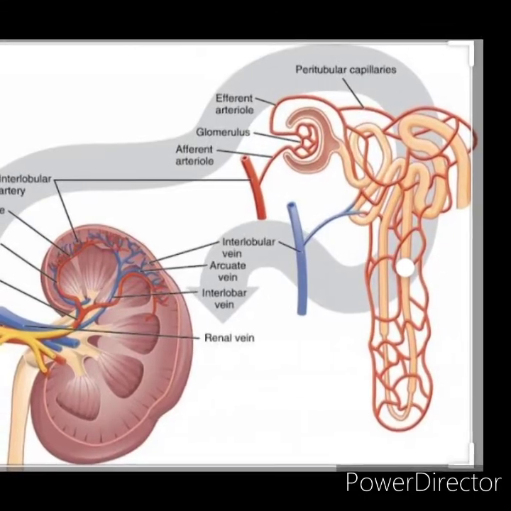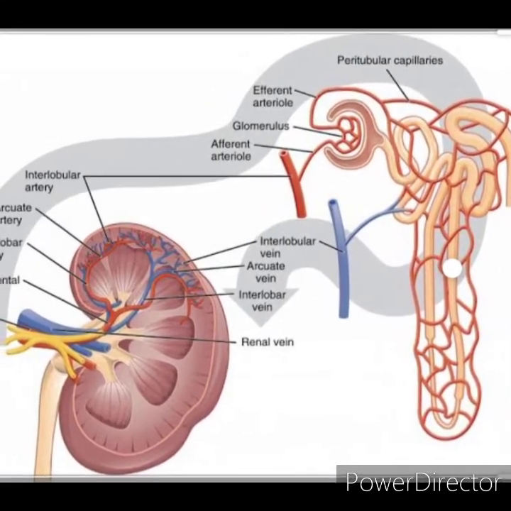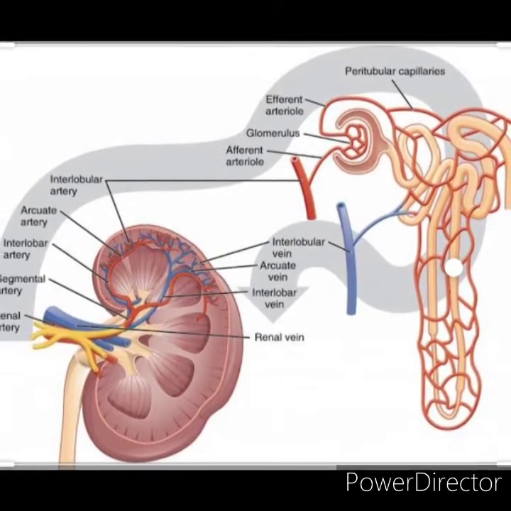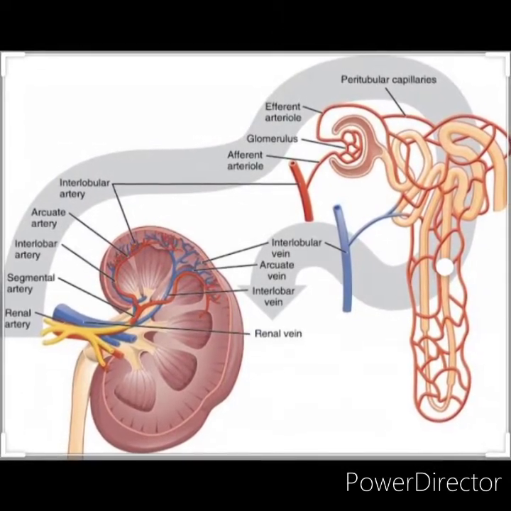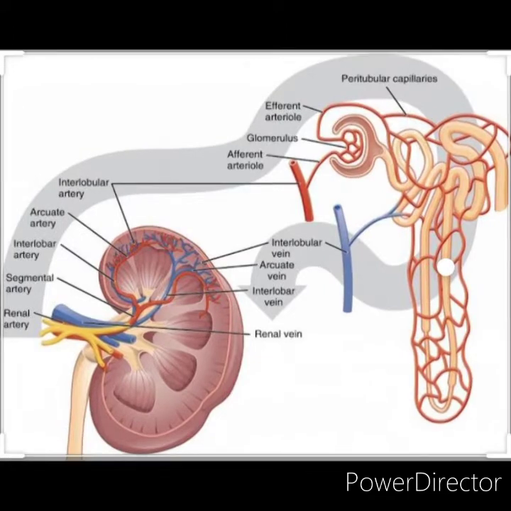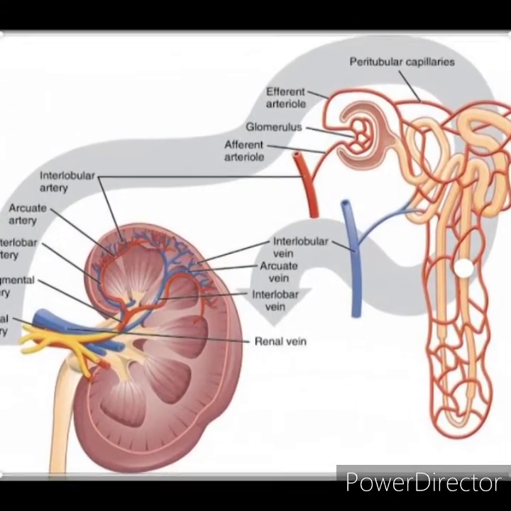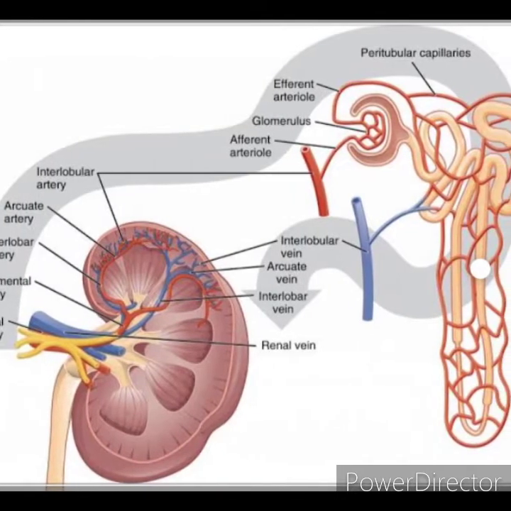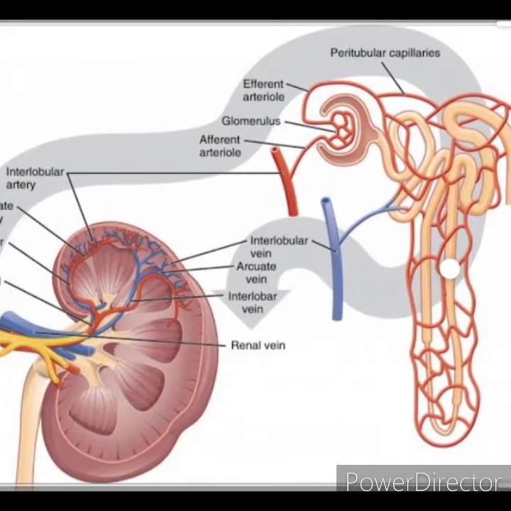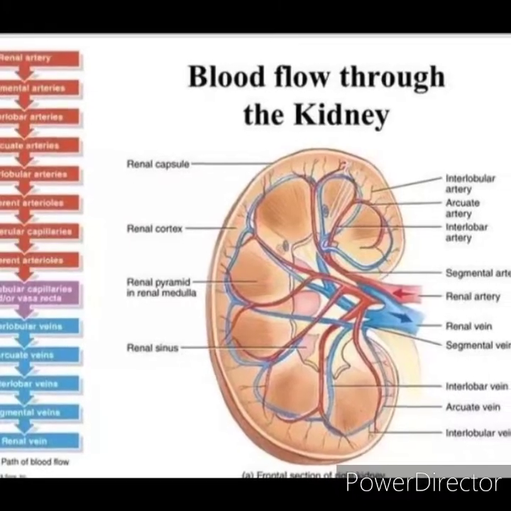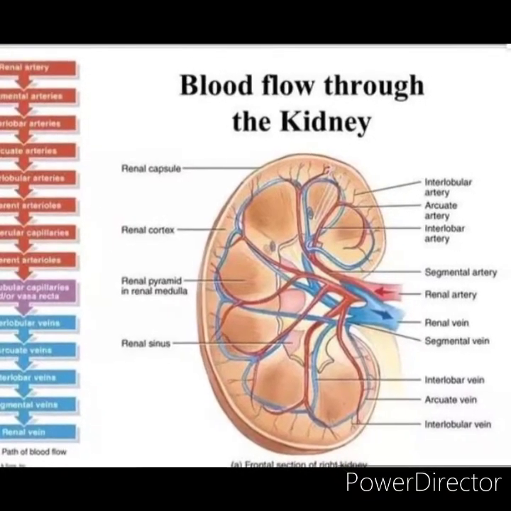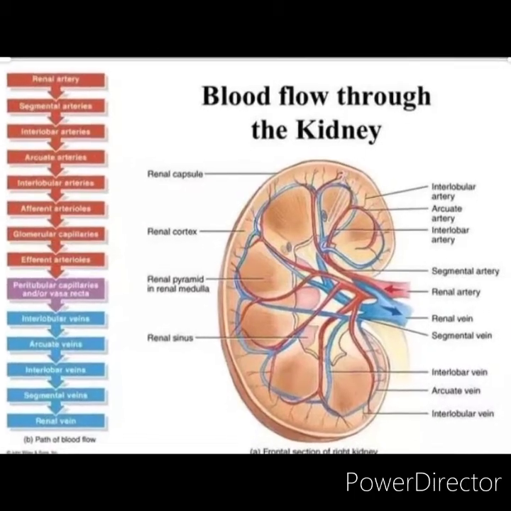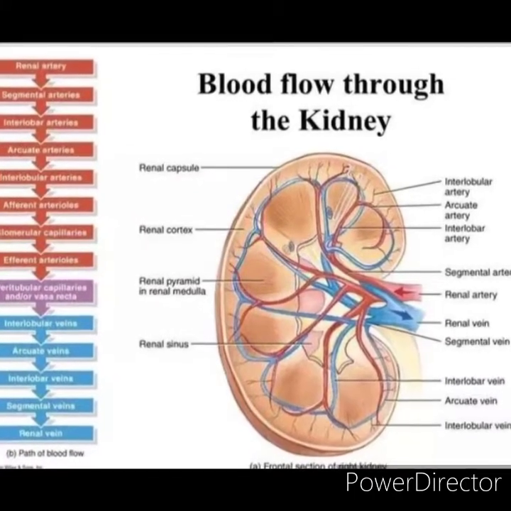The network of peritubular capillaries supplies the tubular portion of cortical nephrons only. The tubular portion of juxtamedullary nephrons are supplied by some specialized capillaries called vasa recta. Vasa recta arise directly from the efferent arteriole of the juxtamedullary nephrons and run parallel to the renal tubule into the medulla and ascend up toward the cortex.